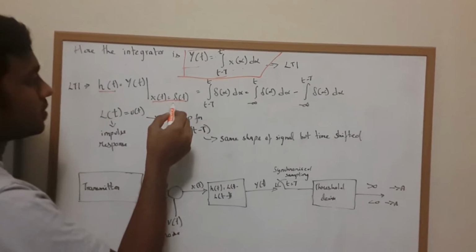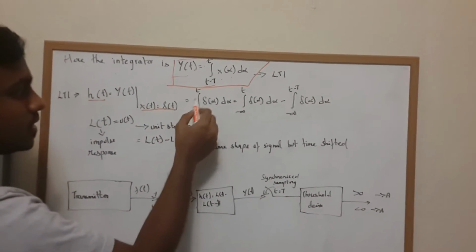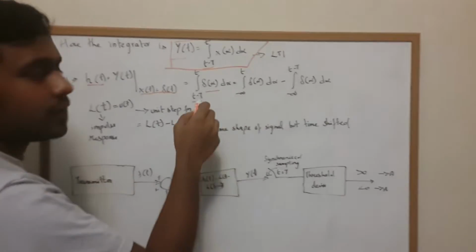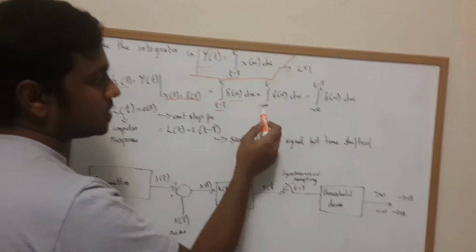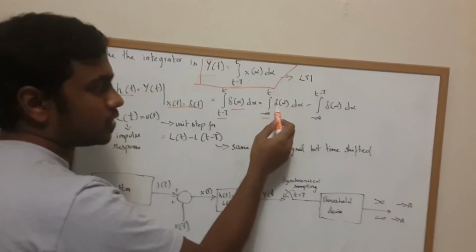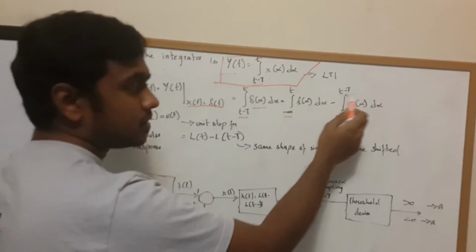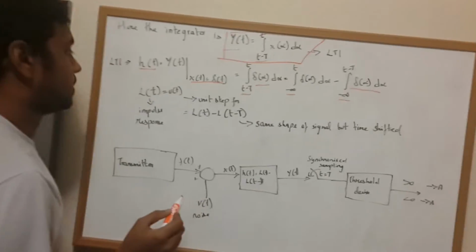Upon expanding this formula we get the integral from t minus T to t of delta of alpha d alpha. We can also rewrite this equation as the integral from minus infinity to t of delta of alpha d alpha minus the integral from minus infinity to t minus T of delta of alpha d alpha.